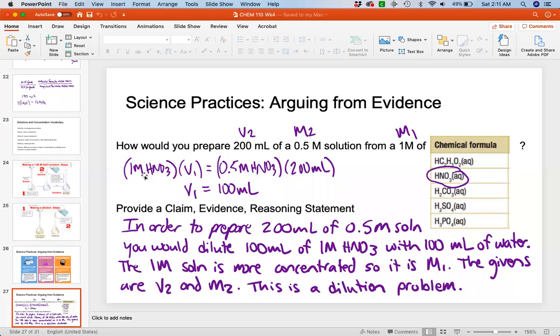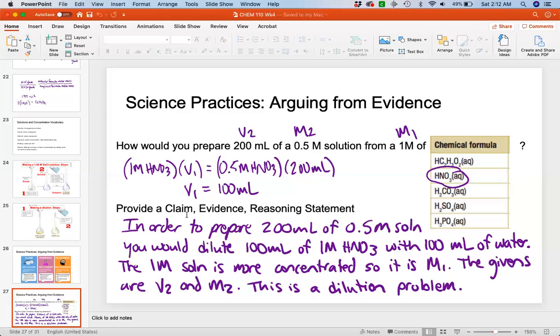In this case, 1 molar is our most concentrated solution. We're multiplying that by a volume. And then we have our desired concentration and our desired volume. When we multiply these two together and divide by our known concentration M1, that gives us a V1 of 100 milliliters. Notice that you could convert this to liters, in which case you would have liters here, and that would give you a final answer as well.